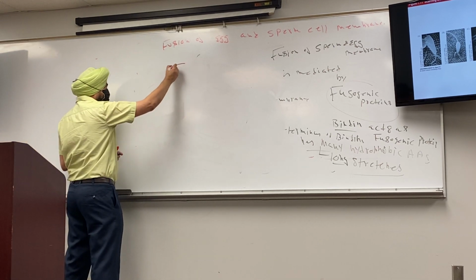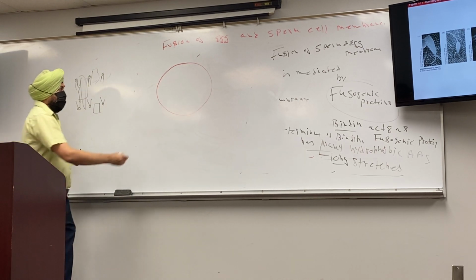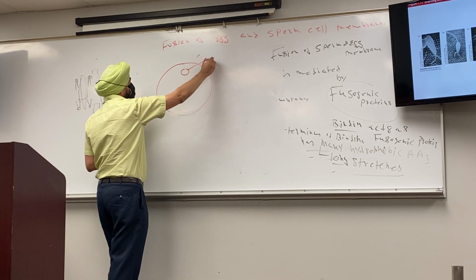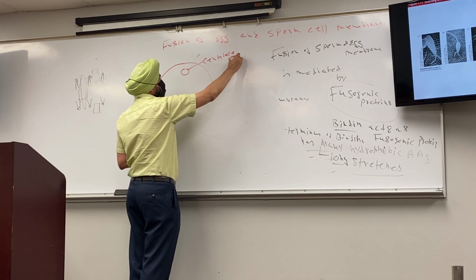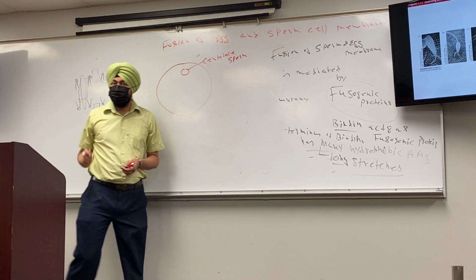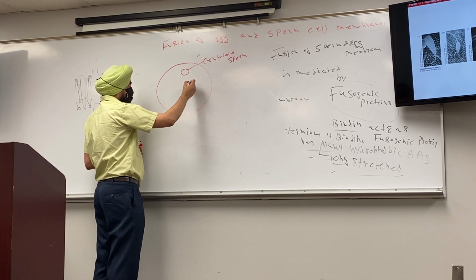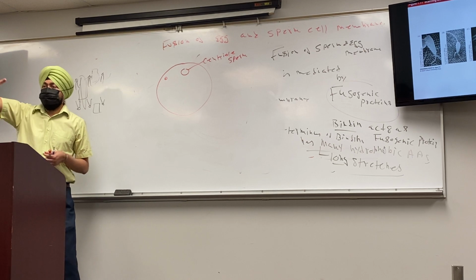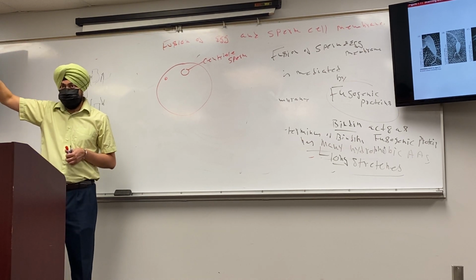So now you have this cell, you have a centriole. That centriole came from the sperm, right? Then you had a centriole that was present from the egg, but that degenerated. We said earlier also that the centriole from the egg will degenerate, right?